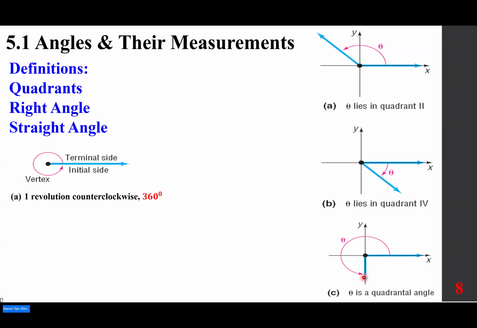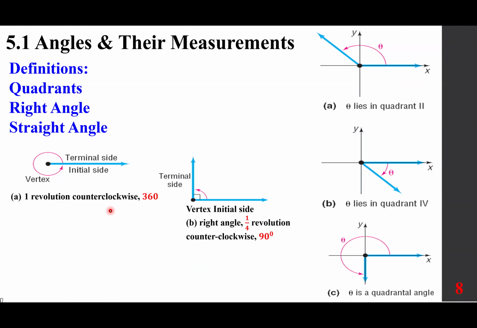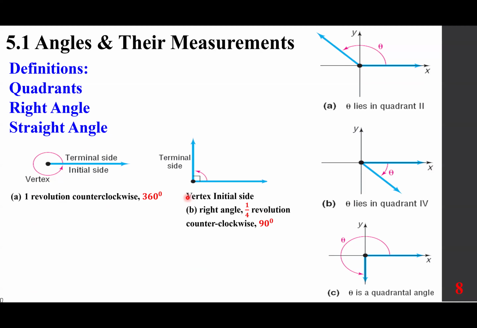So if we go a complete revolution, one revolution counterclockwise is 360 degrees. Vertex, the initial side, the right angle: 1/4 of a revolution counterclockwise, so 90 degrees, along the positive side of the y-axis.